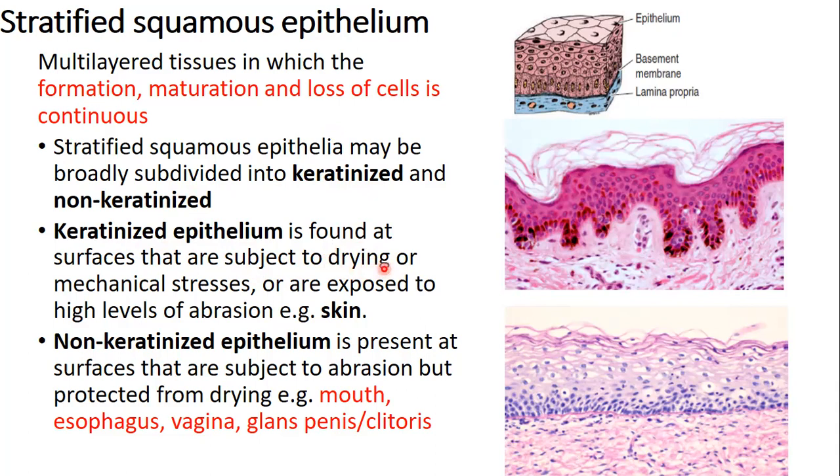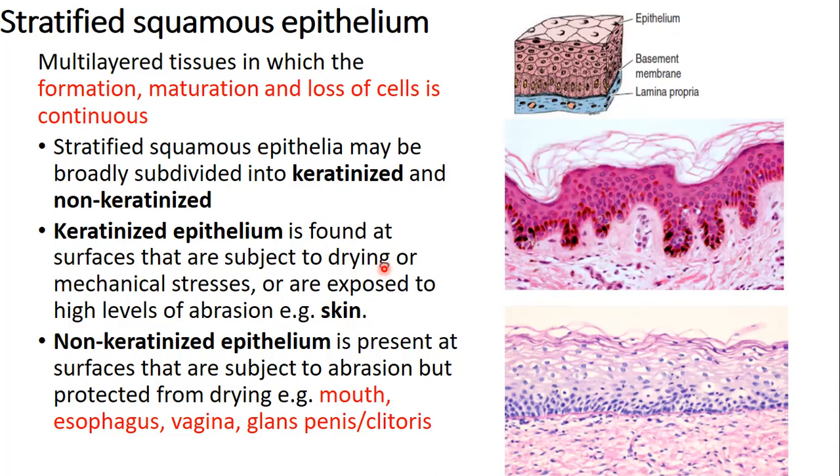For example, the skin, we are always moving, and we are exposing ourselves to the sun. So the sun is producing light which has heat, and that heat can evaporate water from the skin.